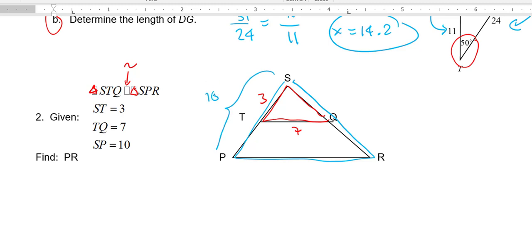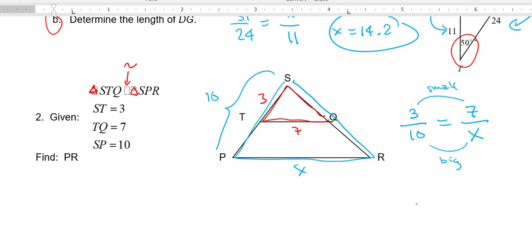So hopefully you can see that the side that's the 3 corresponds to the side that's the 10, so I can set this up, this is X right here, as 3 is to 10, so 3 from the smaller triangle is to 10 from the bigger triangle, as 7 from the smaller triangle is to X of the bigger triangle. You just have to basically line up, these are both from the smaller one, and these are both from the bigger triangle.